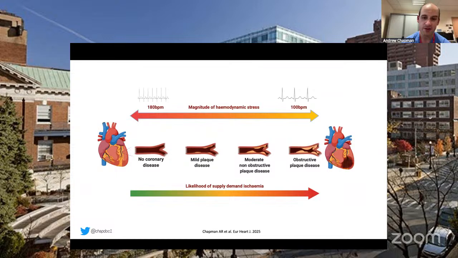Again, there's likely to be a spectrum and a relationship between the magnitude of this hemodynamic stress, the underlying coronary artery substrate, and the likelihood of supply and demand ischemia. This is taken from our recent state of the art review published in the European Heart Journal in January, which I would encourage you to refer to if you're interested in anything I've talked about so far.